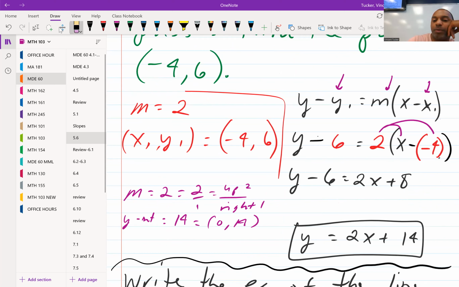First thing we do is distribute the 2, and don't forget negative times negative turns positive. So that'll be y minus 6 equals 2x plus 8. And then add 6 to both sides. y is equal to 2x plus 14.